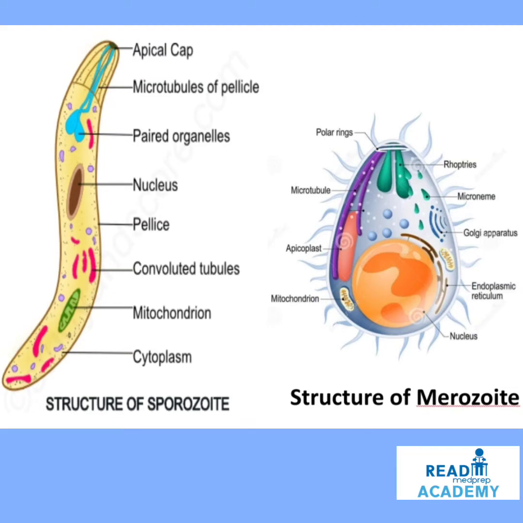It has a pellicle, an apical cap, the microtubules of the pellicle, paired organelles, a nucleus, convoluted tubules, mitochondria, and cytoplasm. On the right side you can see the structure of the merozoite, which has polar rings, microtubule, apicoplast, mitochondria, rhoptries, micronemes, Golgi apparatus, endoplasmic reticulum, and a large nucleus.